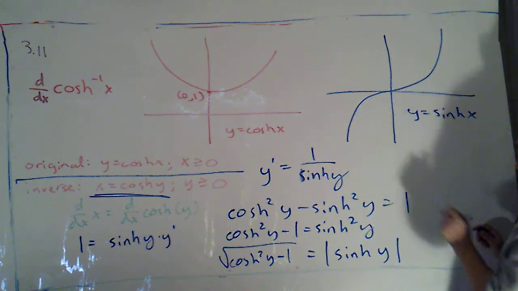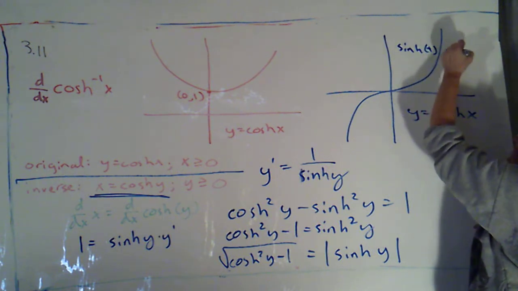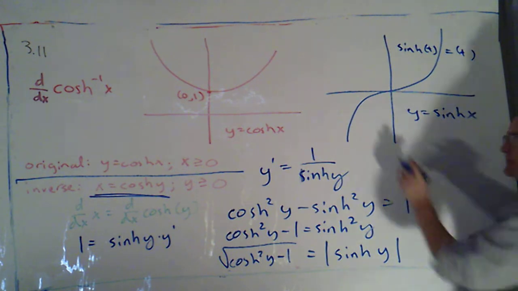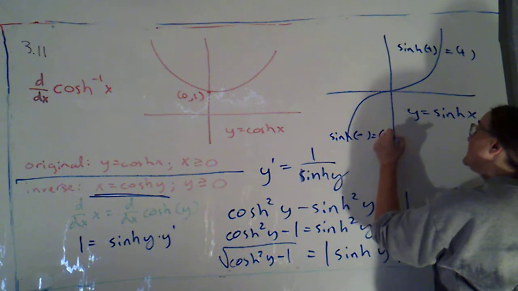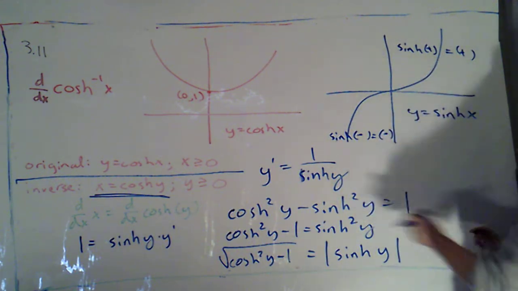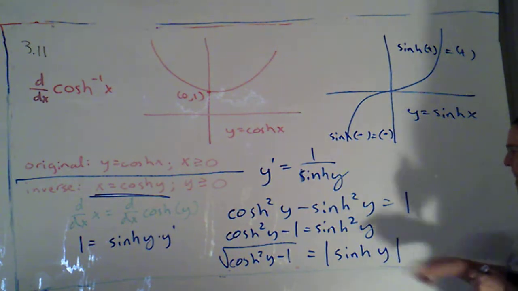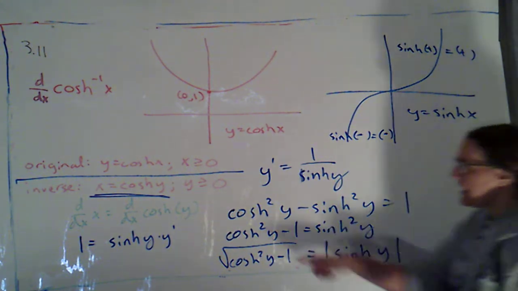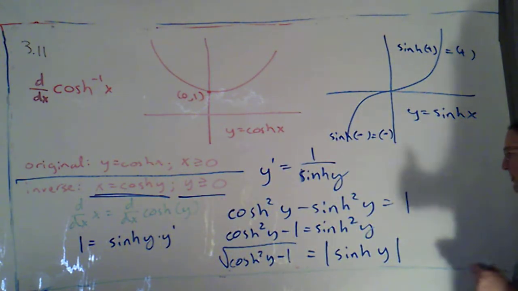What that tells me, very informally, is sinh of something positive is going to be positive. When I plug in something positive, I get out something positive. And sinh of something negative is going to be something negative. My input's negative, my output's negative. That's true of any graph that's going to be in just quadrants 1 and 3. Now, what we were plugging in was y, and y has to be bigger than or equal to 0.